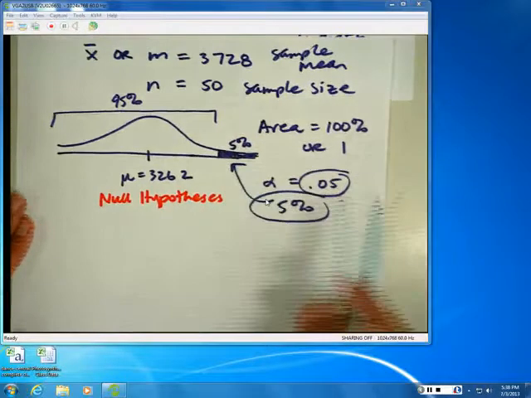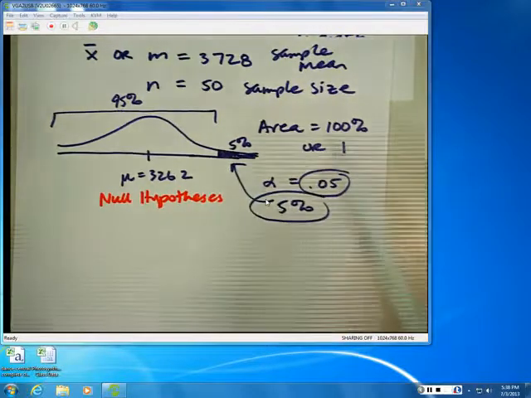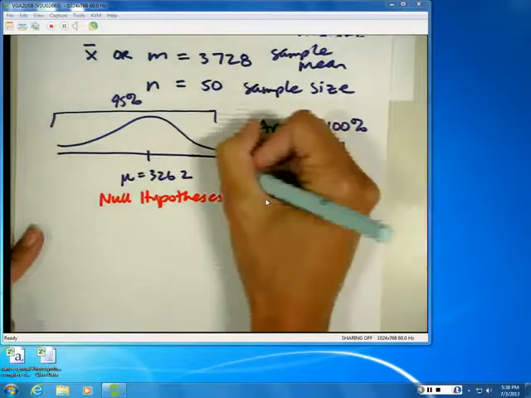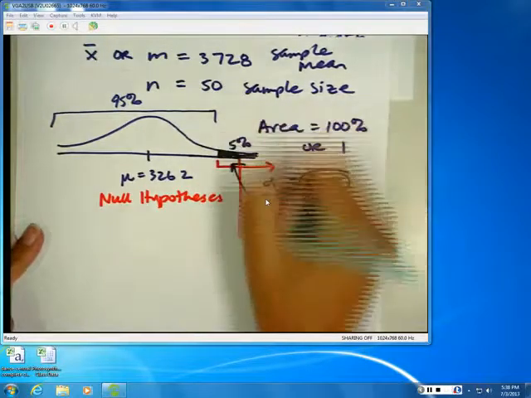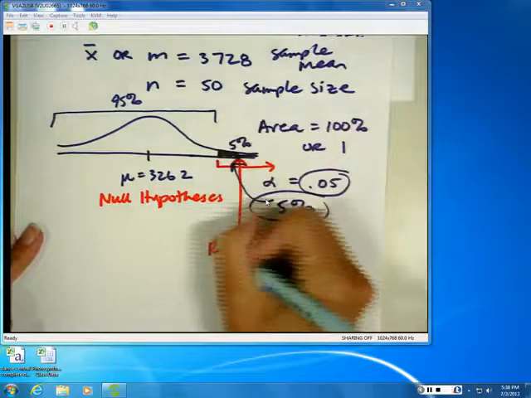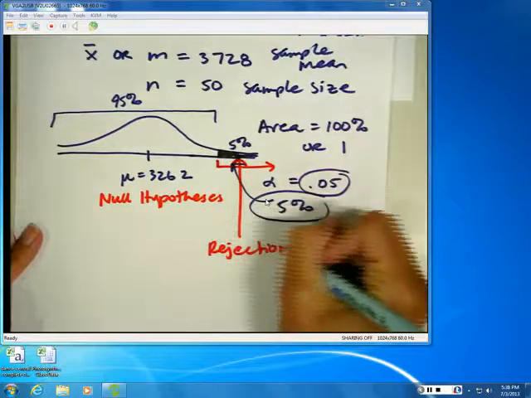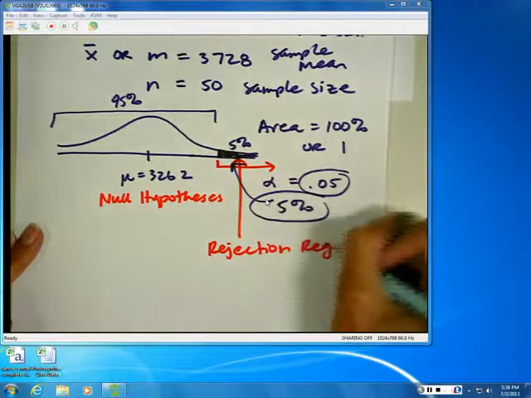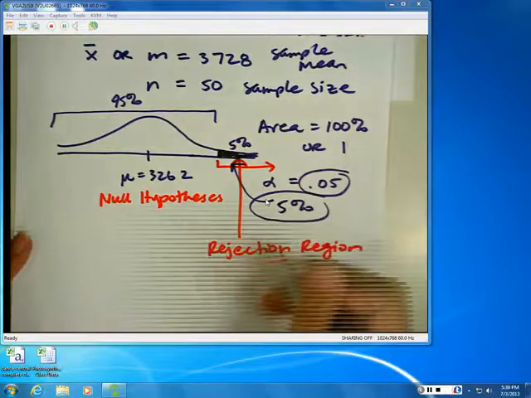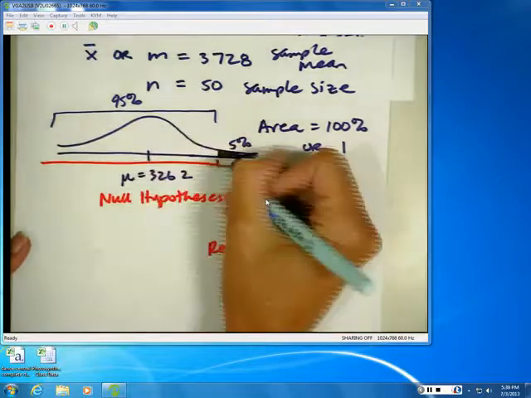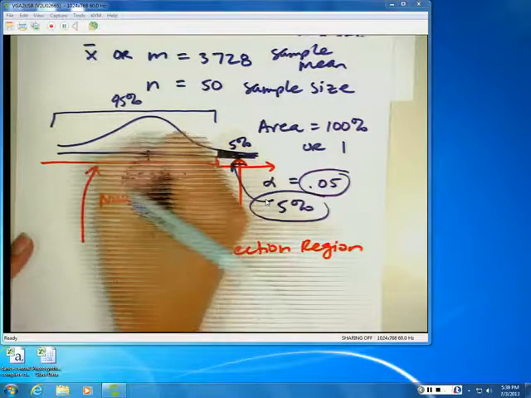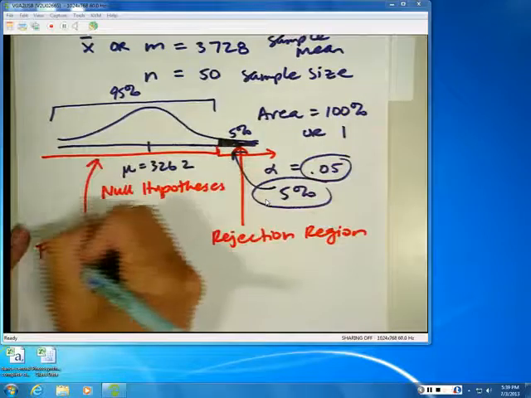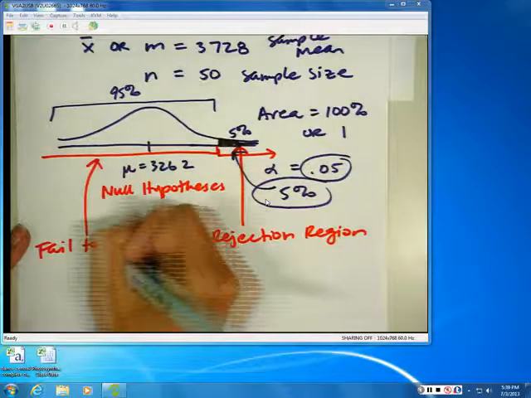Let me give you some language here. This region right here is called the rejection region, or the significance area. I call it the rejection region. And right here, this is the fail to reject area.